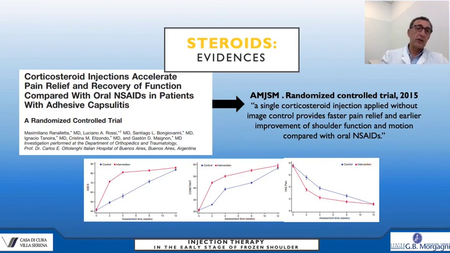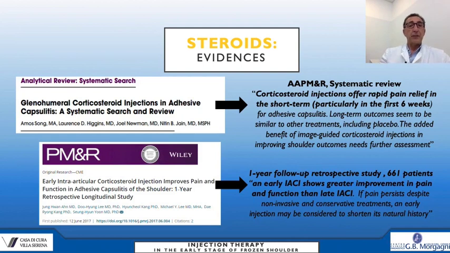We talk about the SPADI and the Constant score and the VAS. The same thing happened in this review and in this retrospective study of the corticosteroid, which is really a good method to understand that we have to put on just this.